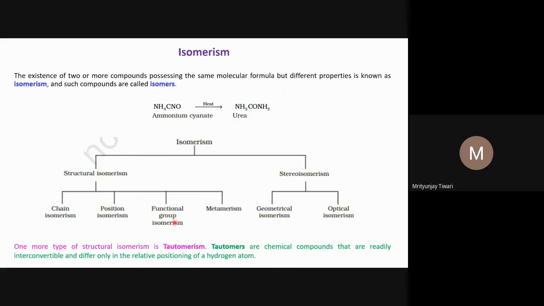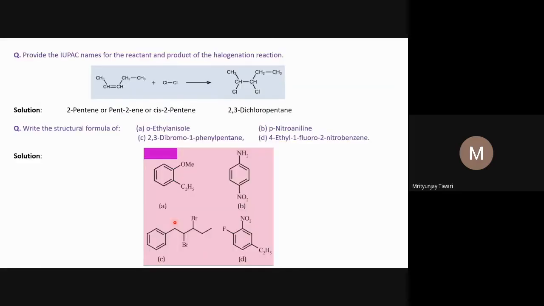Then the functional group isomerism, particularly if you look at aldehydes and ketones. Their molecular formulas are the same, but we know that in aldehydes the carbonyl carbon atom is attached to at least one hydrogen atom. On the other side, it may be attached to hydrogen or an alkyl group.